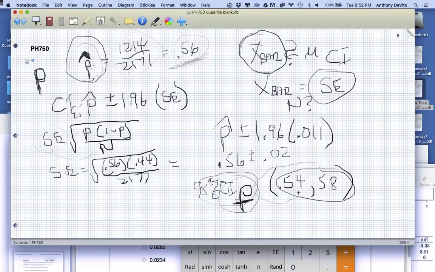So yes, I could say with 95% certainty, more than 50% of the people that use this drug in this population would be helped by the drug. Okay, does that make sense to you guys? Did that clarify things just a little?